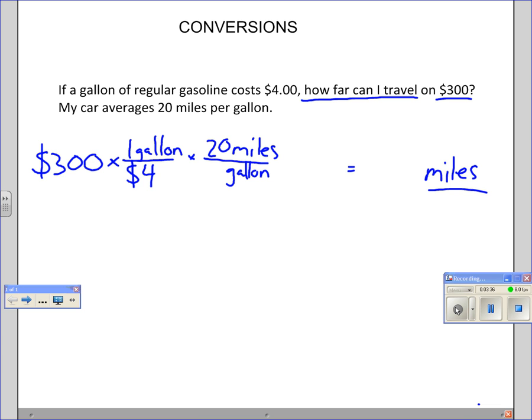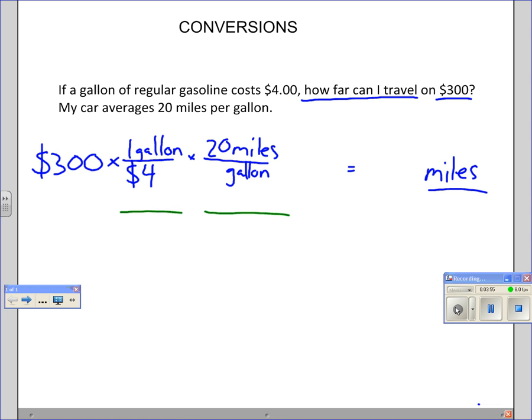That's basically it. If you look at each fraction, each is equal to the number 1. This fraction is not equal to $4. It's not equal to a gallon. This fraction is equal to the number 1. This fraction is equal to the number 1 because a gallon will basically get you 20 miles in distance.